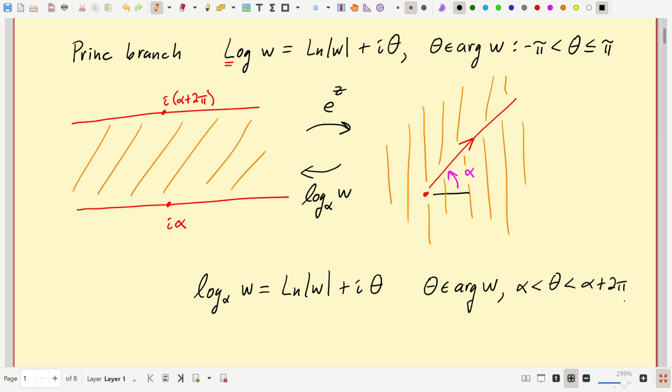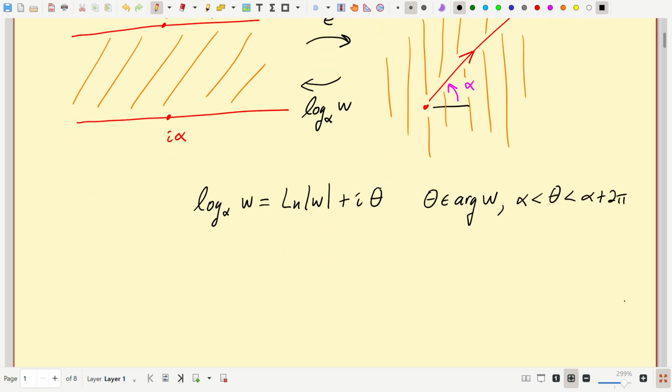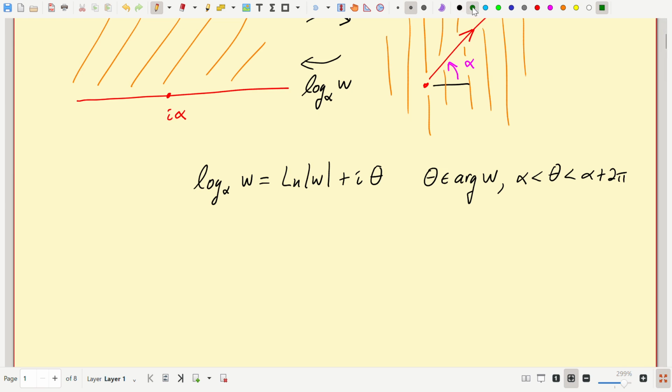But in the homework, you're going to be thinking about the Cauchy-Riemann equations in polar form. And this is a primary example where that would be handy.